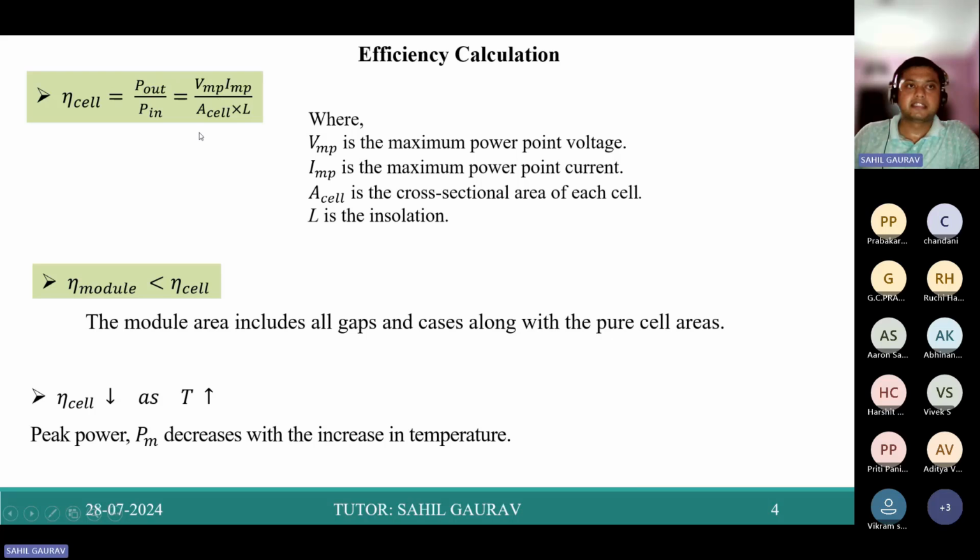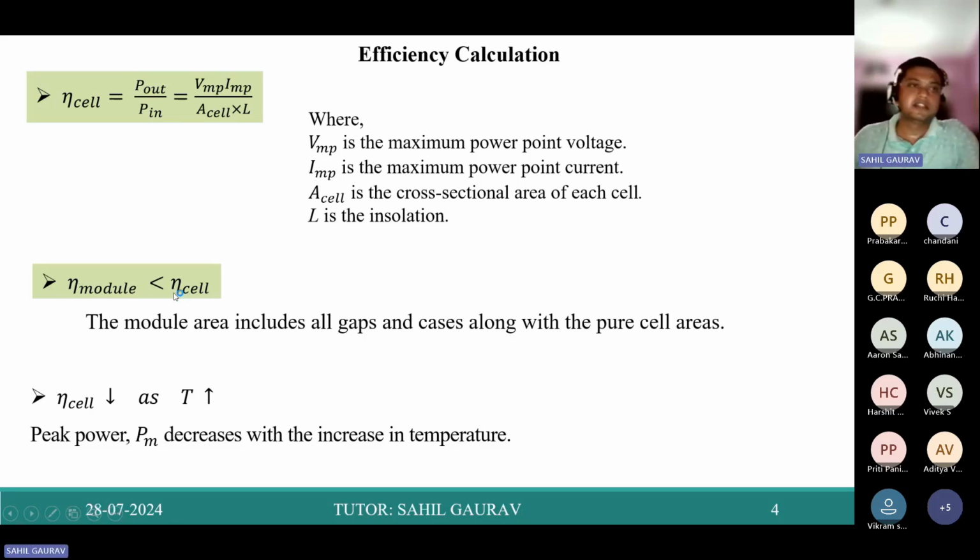In the ideal case, the input power is the area of the cell into the insolation. So you can find efficiency from this expression, where VMP is the maximum power point voltage, IMP is the maximum power point current, A cell denotes the cross-section area of the cell, and L is the insolation.